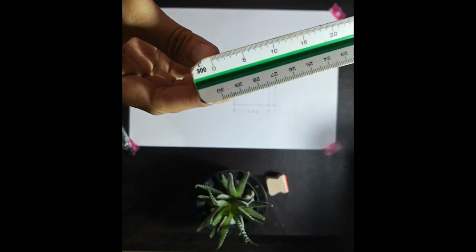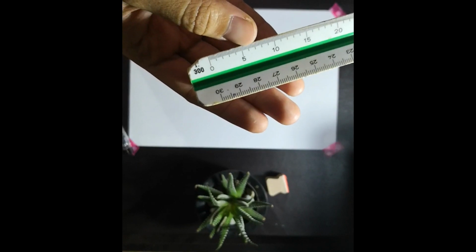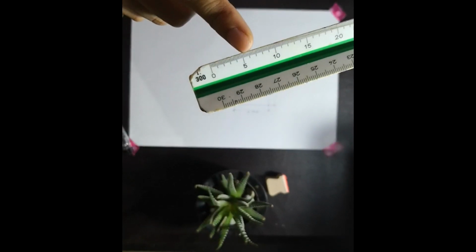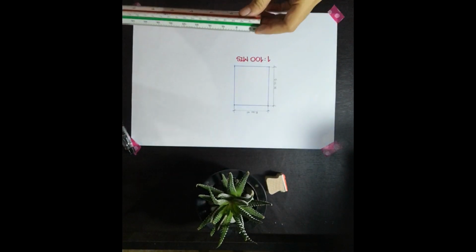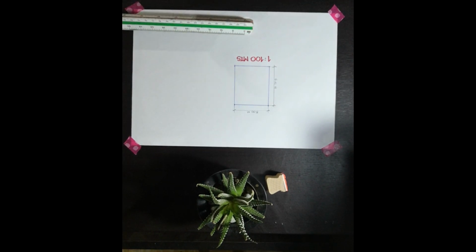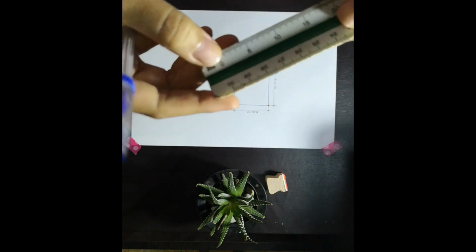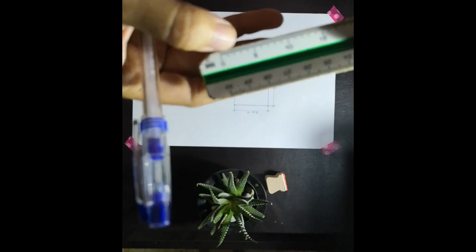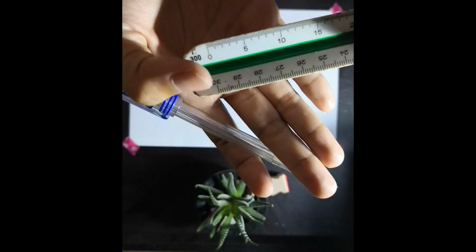So let's notice the difference of the two scales. So since we have 5 by 6, 1:300 already has a 5 meters, so it's easy for us to find the 5 meters. So this is 0, 1, and so that is the 5 meters.